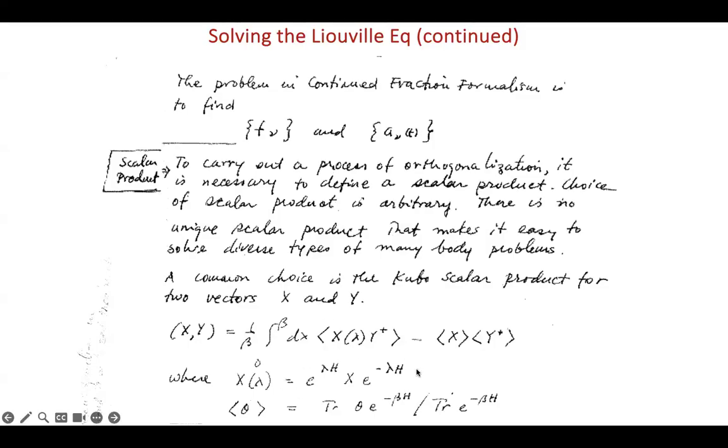Kubo came up with this formula, and this formula actually defines susceptibility. Susceptibility, compressibility, this kind of quantities can be formally defined via the Kubo formula like this. So clearly, the Kubo scalar product is not easy to compute because to solve the Kubo scalar product problem, you need temperature evolution information.